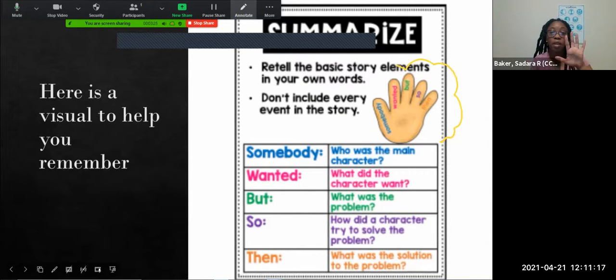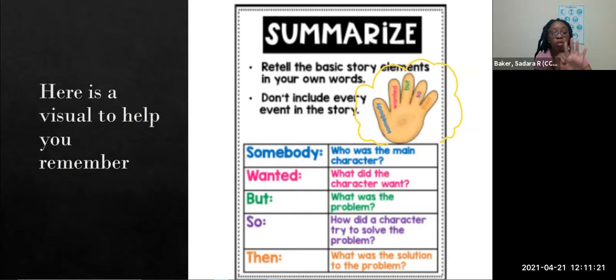they use somebody, wanted, but, so, then. It is the same strategy as the W's. So we start off with somebody, as in who is the main character. Wanted, what do they want? What did the character want in the story? But, problem.